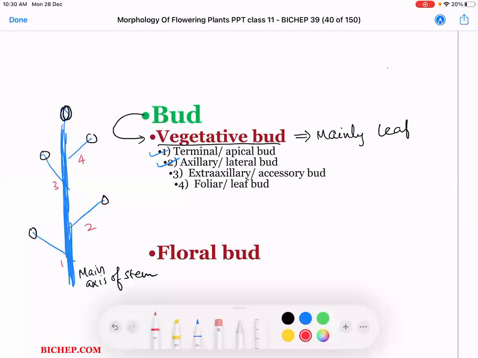So the places where these branches have grown, number 1, I am putting a red spot, number 2, this is the place from where these branches 1, 2, 3, and 4 have started to grow. So these buds are axillary buds or lateral buds. This is the axillary or lateral bud.